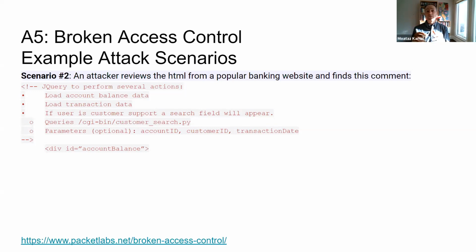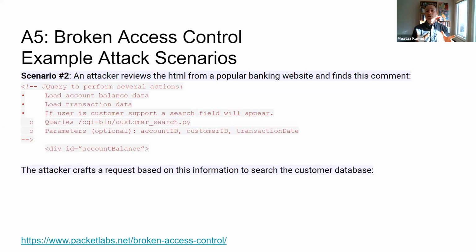Now, if the hacker sees that, number one, that's a type of involuntary disclosure that you're giving the hacker information about how to exploit your system, and they're going to try exploiting it. So they're going to craft a special request that's going to try to hit that path.